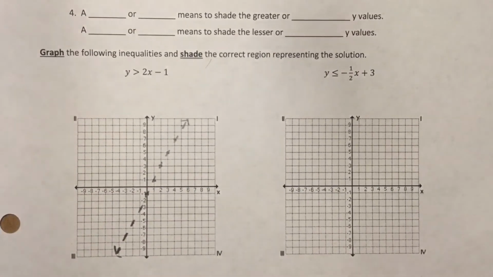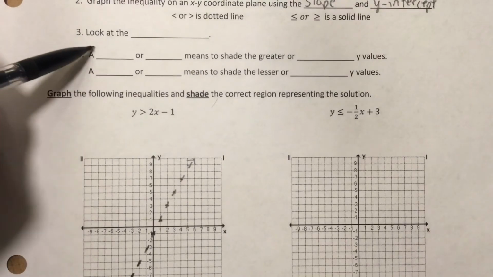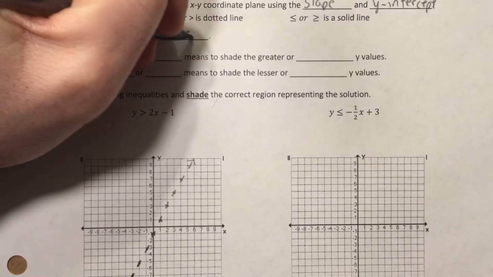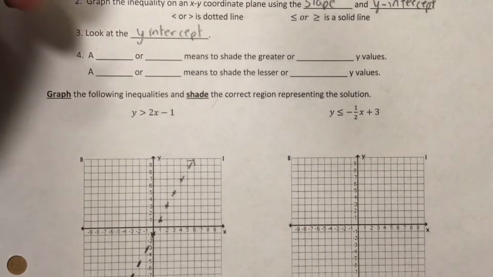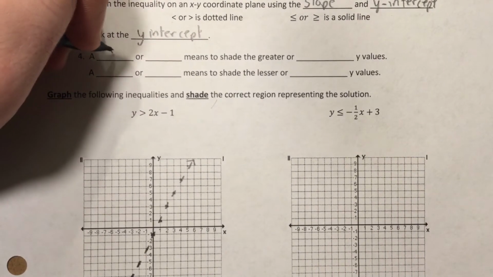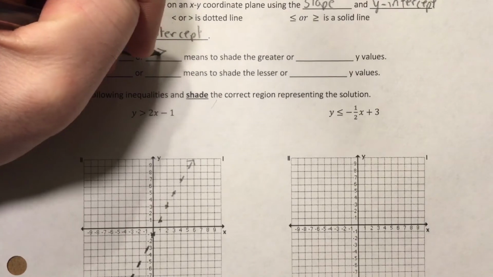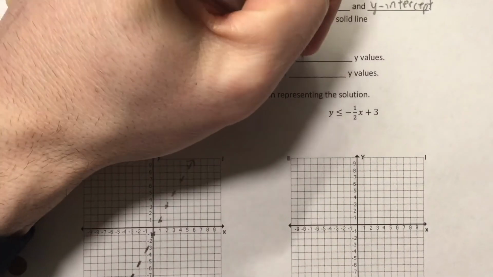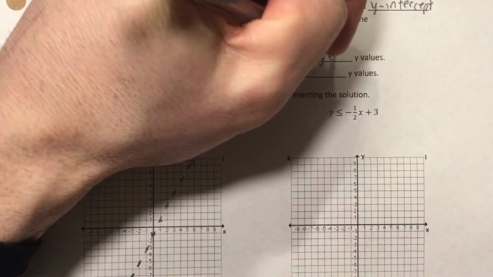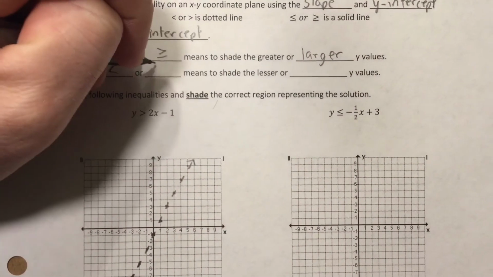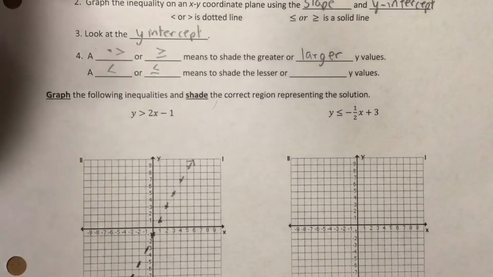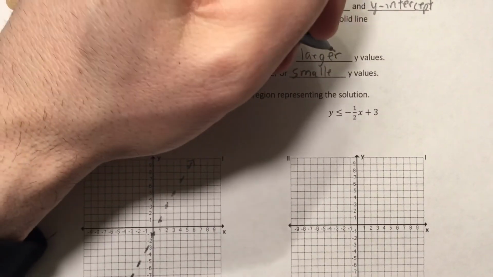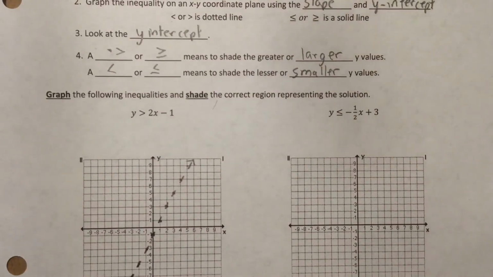All right, now we get into step 3. Look at the y-intercept. Greater than or greater than or equal to means to shade the greater or larger y values, where a less than or equal to means to shade the lesser or smaller y values.